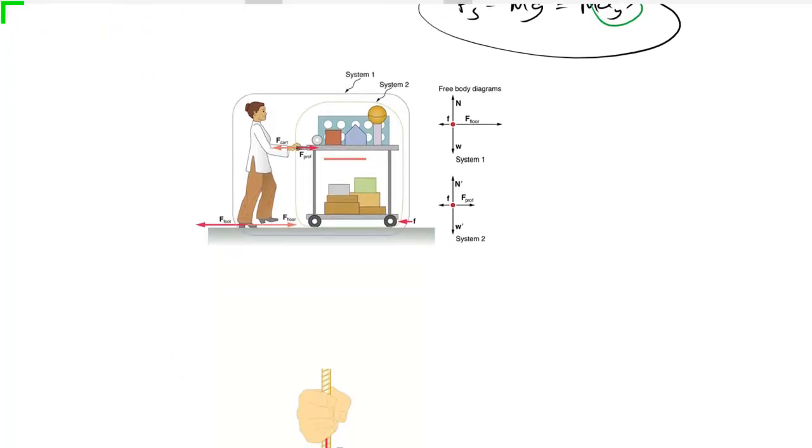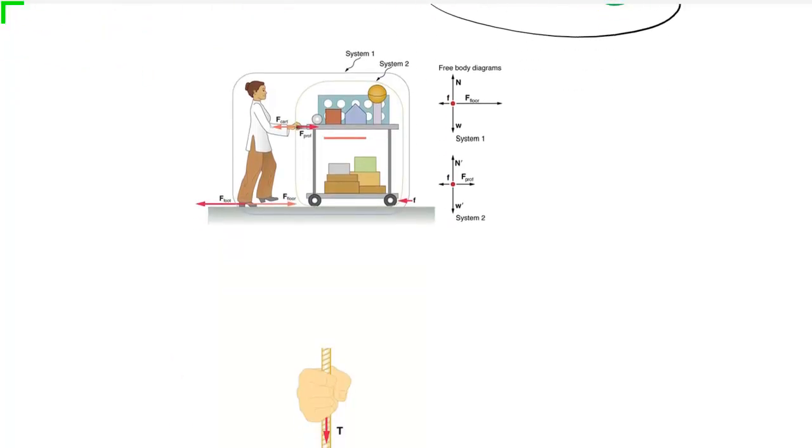Let's take a look at another one. Some other free body diagrams here. We have this professor pushing a cart. We've identified two different systems. Let's say system 1 is both the professor and the cart and all the stuff that's in it. So we could effectively treat this entire system as just one big box, and we don't even care what's going on within it.